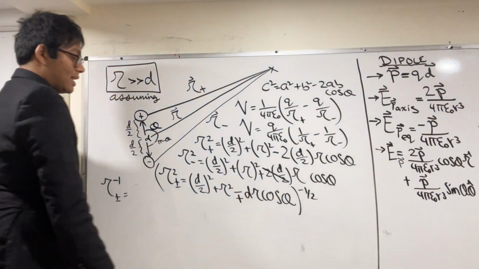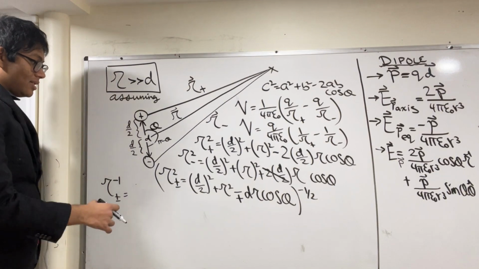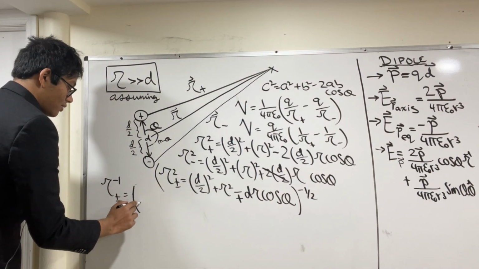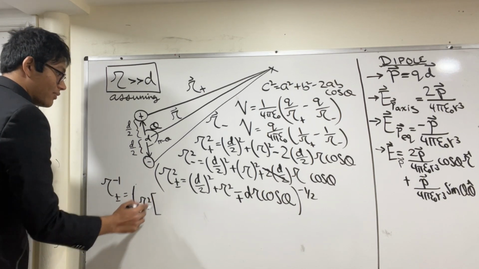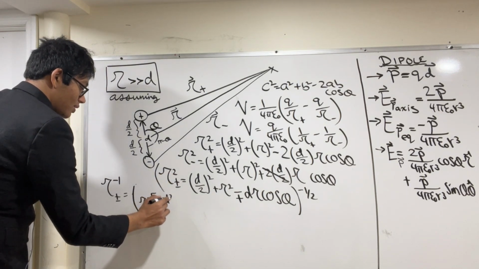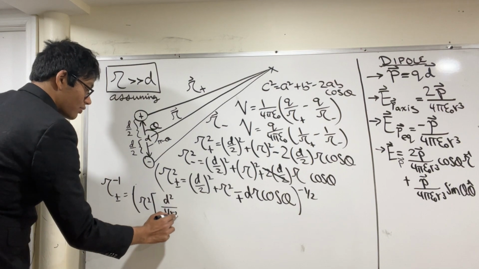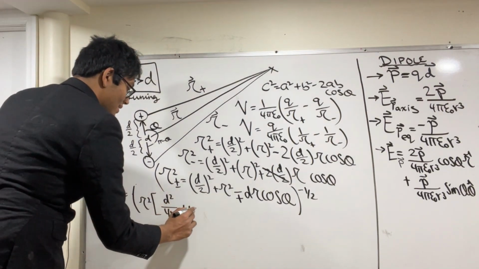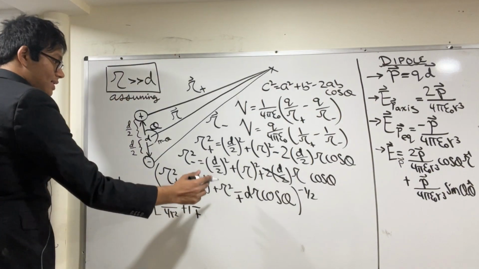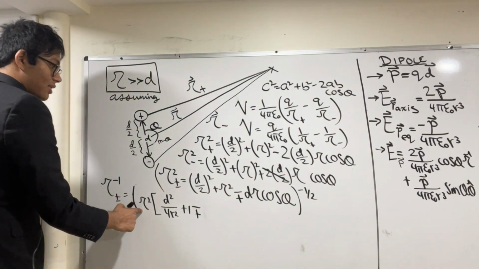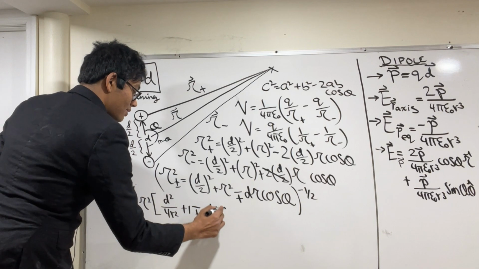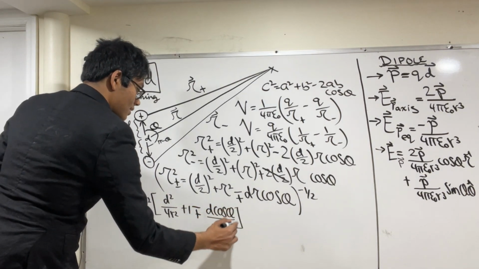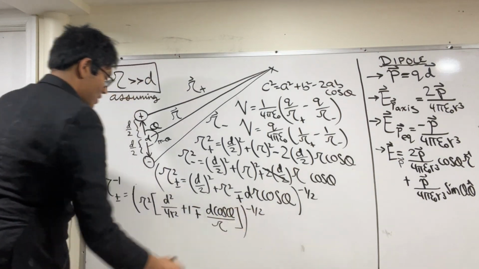Now the first thing I'm going to do is factor out this r squared, and you'll see why. Factor that out, I would get d squared over 4r squared plus 1, and then minus plus d r cosine theta. Well, I've already factored out an r, so that extra r is going to go to the denominator. And now I'm raising all of this to the power of negative 1/2.